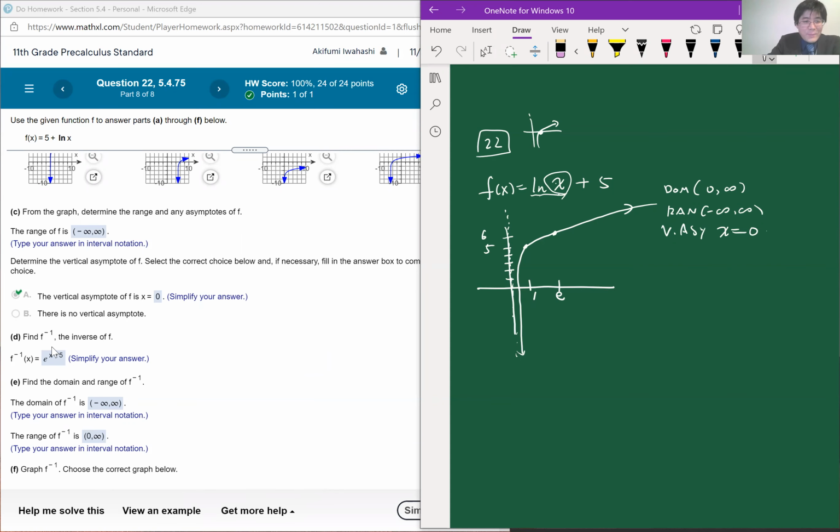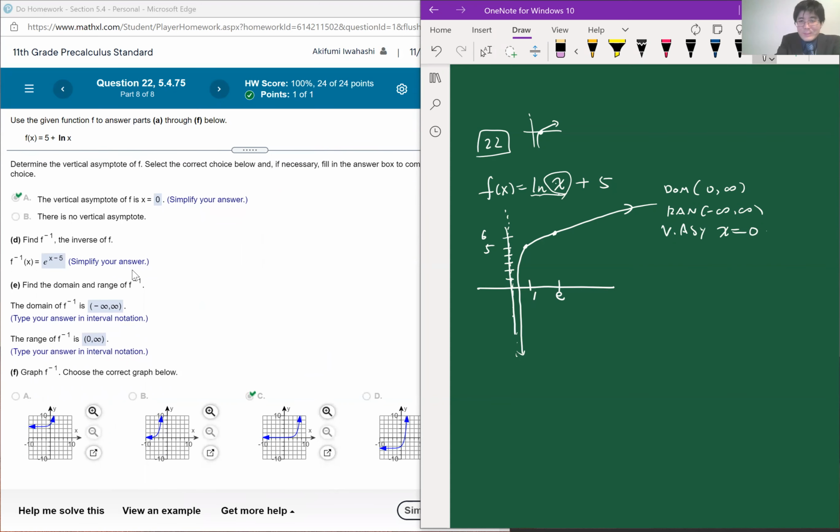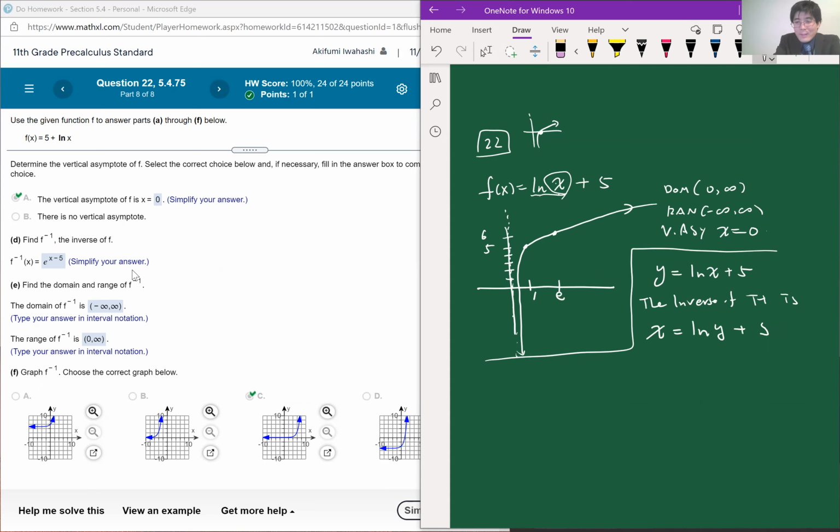Now, parts D, E, F are to find the inverse. So let's find the inverse of the function. You have y equal to ln x plus 5, and when you find the inverse, you flip x and y. So swapping them, x is equal to ln of y plus 5.